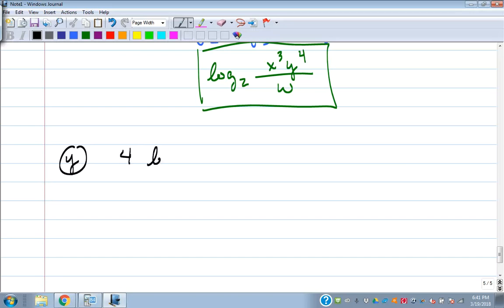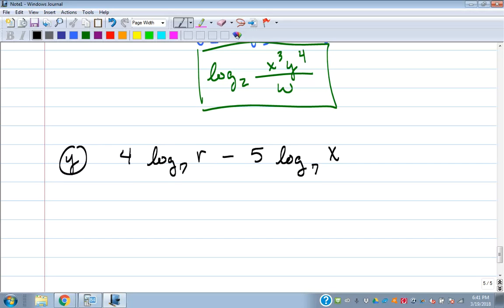4 log base 7 of r minus 5 log base 7 of x. Maybe a little simpler. All right.